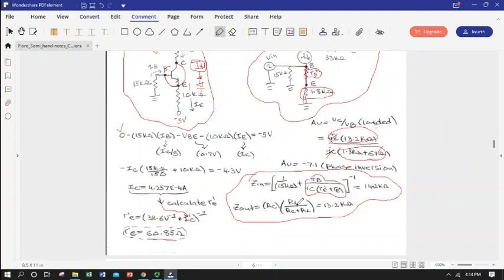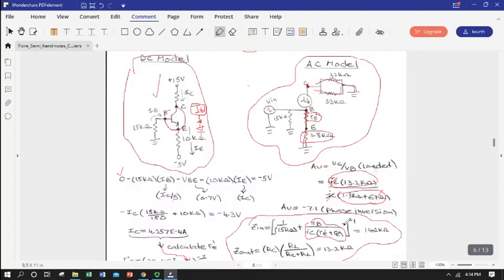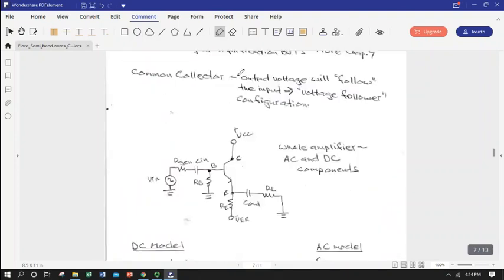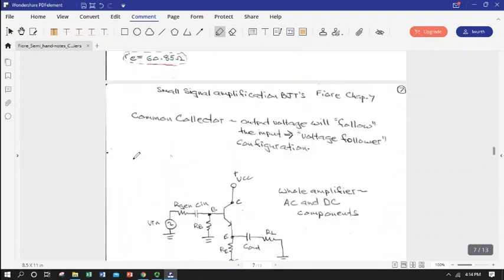And then again, V out is effectively really just should be the collector resistor. So that is common emitter in a nutshell with an example.